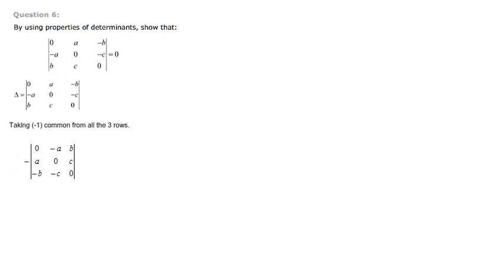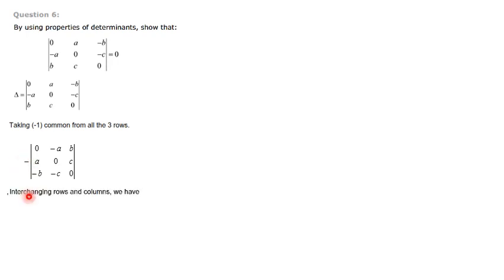Then this A becomes minus A, since I'm taking minus outside, this minus B becomes plus B, this minus A becomes plus A, 0 stays the same, minus C becomes plus C, and B becomes minus B, C becomes minus C, and 0 stays the same. The 3 minuses coming out come as a single minus.